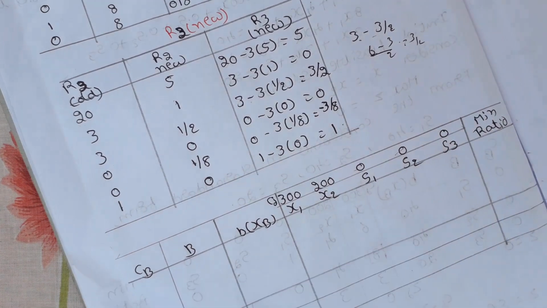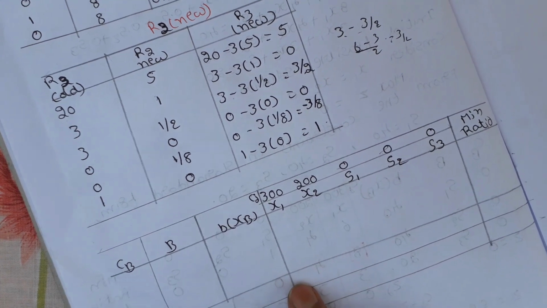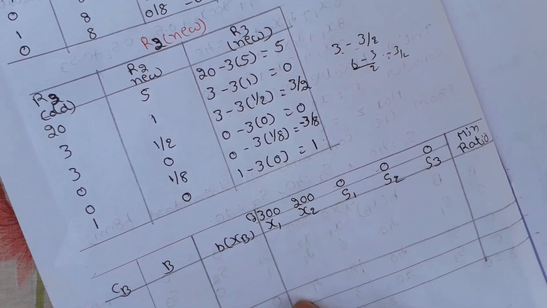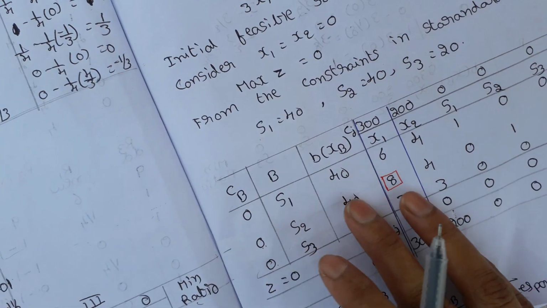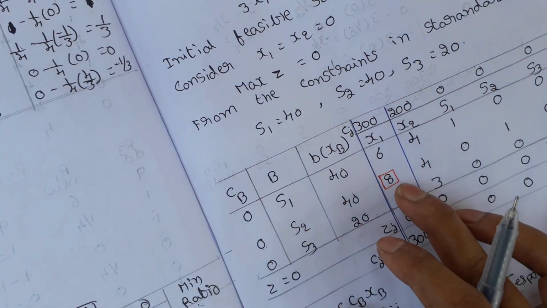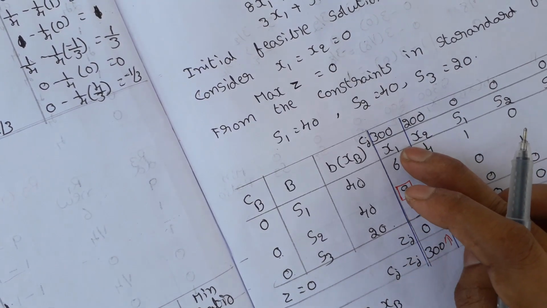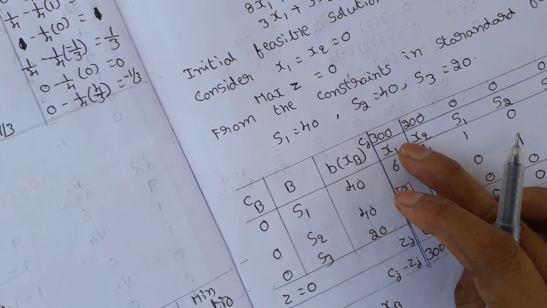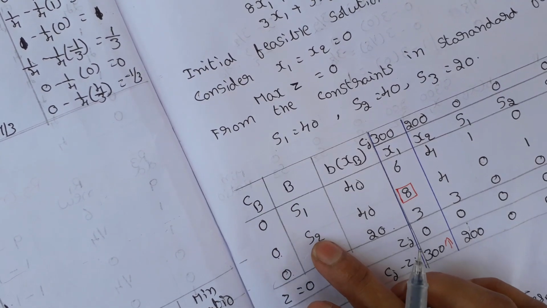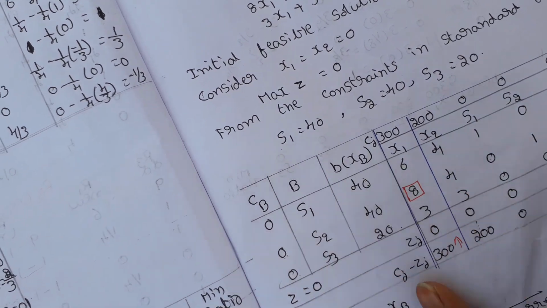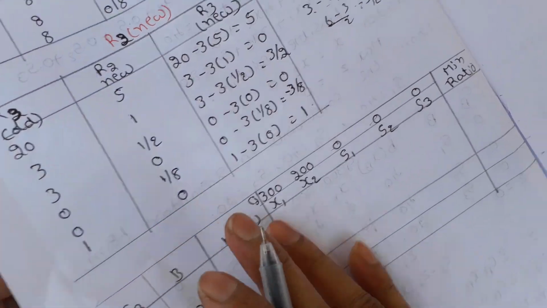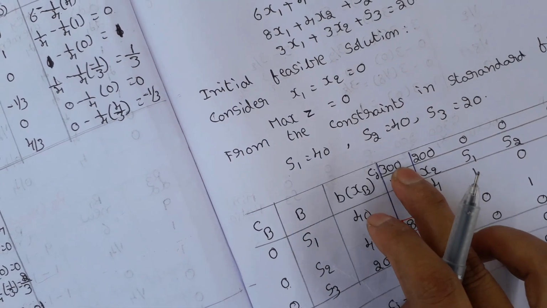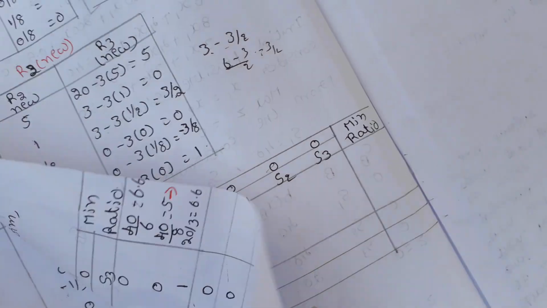Okay. Now while entering the second table, we will enter the row with key element first. Now which is a key element row? Second row, R2. Now which variable is going to be replaced? S1. Where it is going to be replaced? In the place of S2. So first we will write this one in the place of S2. Second row I am going to write X1 with its coefficient as 300.